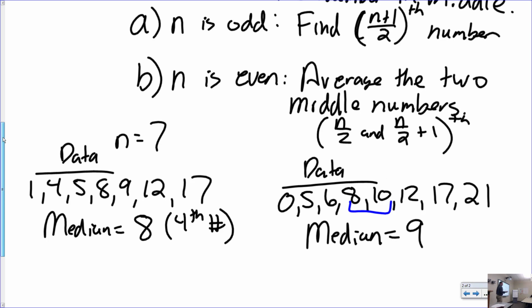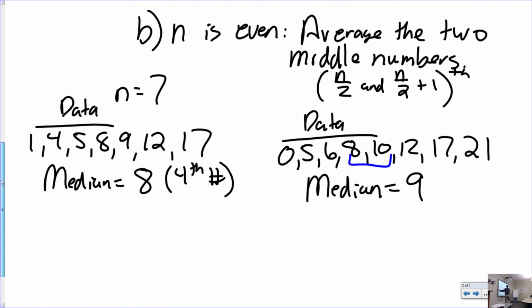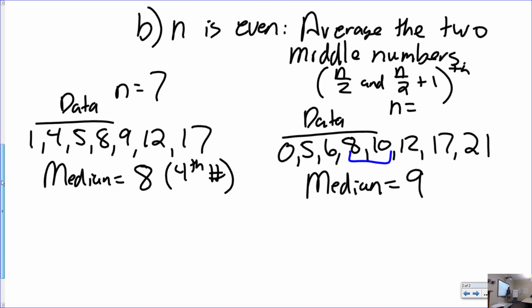So that's what that n plus 1 over 2 means, it's the position where you will find the middle. And likewise, for this example over here where n was equal to 8, what's half of 8? Fourth and fifth numbers, right? 8 is your fourth number, 10 is your fifth number. Average those two together, there's your median.